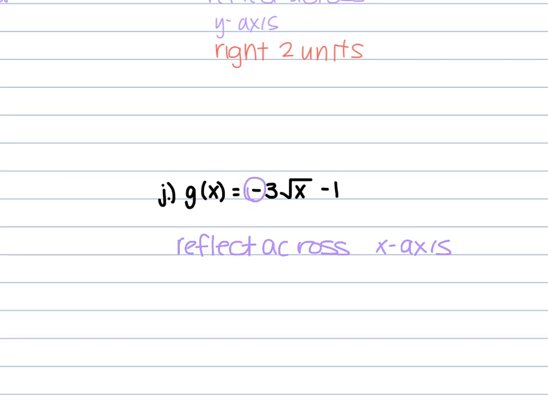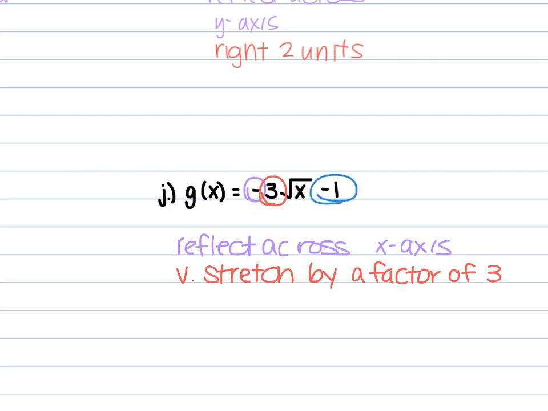Then that 3 is on the outside, so keep it the way it is. 3 is a larger number, so it gets bigger. So that's a vertical stretch by a factor of 3. And then that minus 1 is going to be going down 1 unit because it's on the outside.